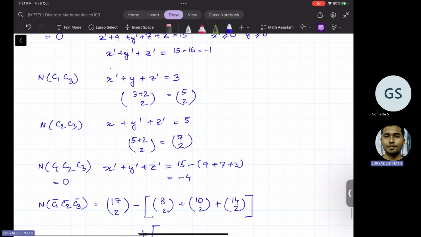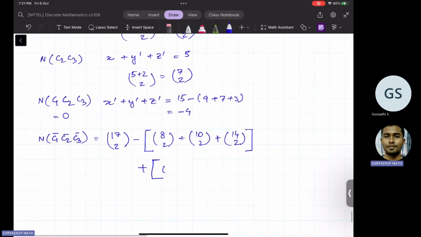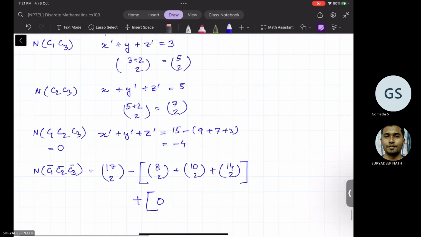So it is 0 for C1, C2. For C1, C3, it is 5 choose 2. For C2, C3, it is 7 choose 2. And finally, we subtract 0 for N(C1, C2, C3).